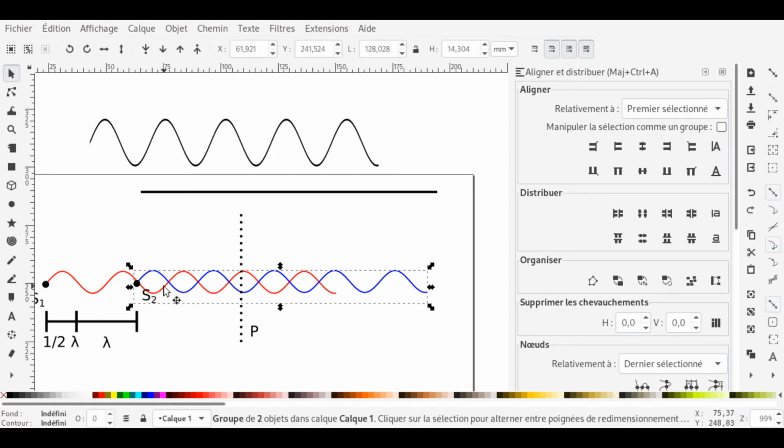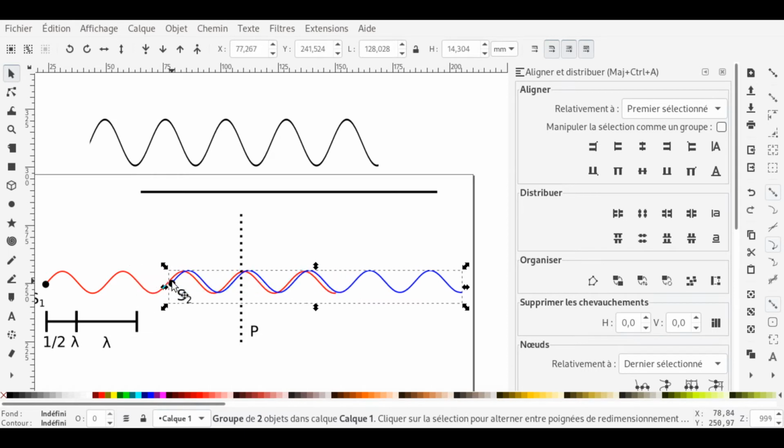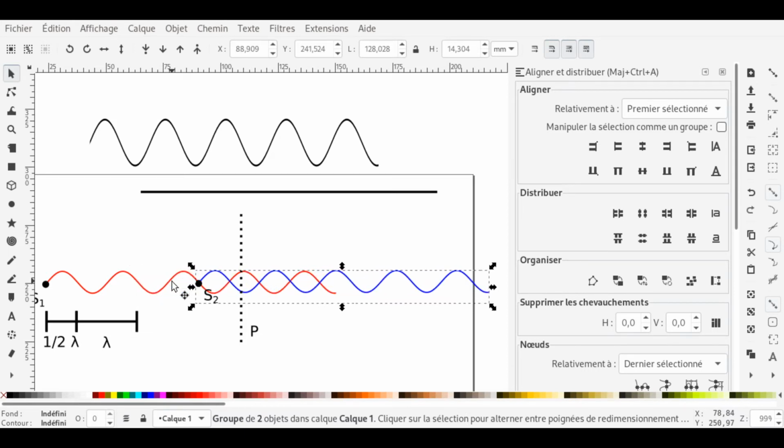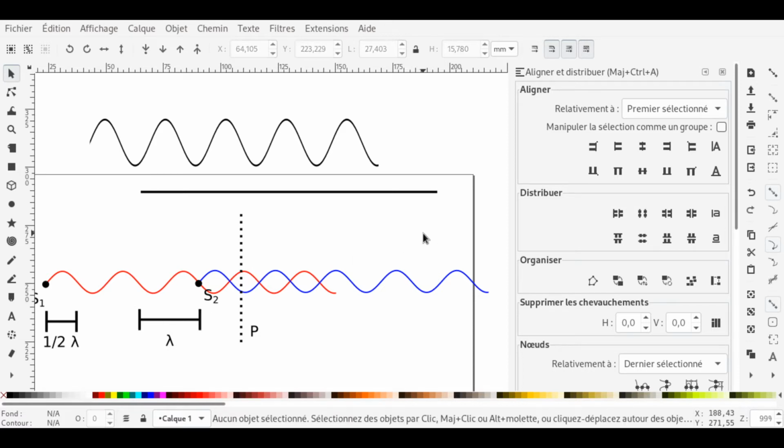Here I added 1. I could also add a second one and still have destructive interference. So once they were shifted by half a wavelength, I can, from there, add an arbitrary number of wavelengths and still get destructive interference.